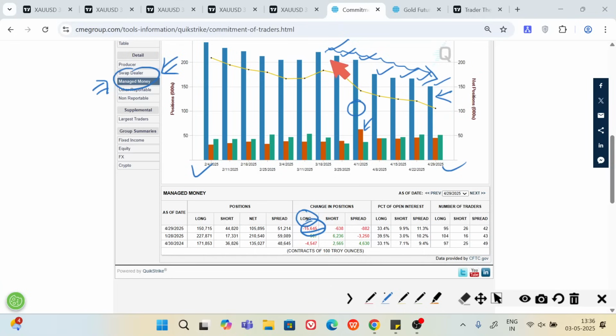So the net long positions are going down, and on this particular week they added to the short side. Yes, for this current week they decreased their short positions, but overall, the net long positions are going down, which is not a good sign for bulls.